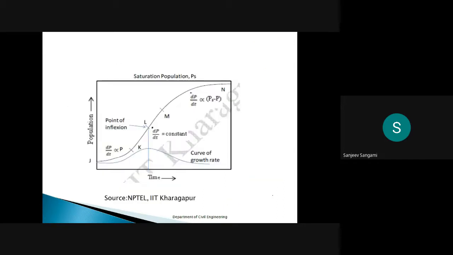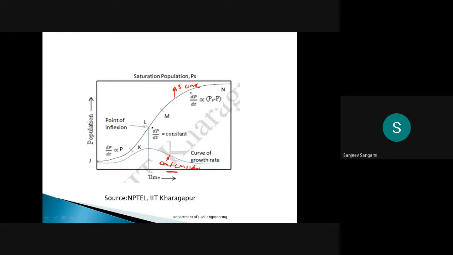Normally the shape of this curve looks like this. Here you have three divisions of the population. Neglect this other curve, don't consider it as of now. Only consider this S curve. This is the graph plotted time versus population.